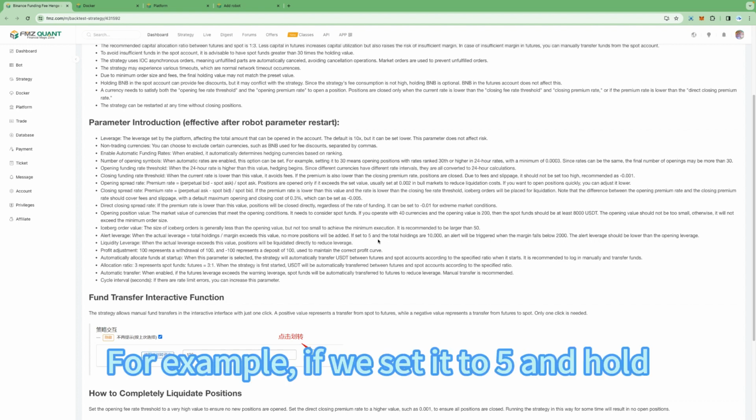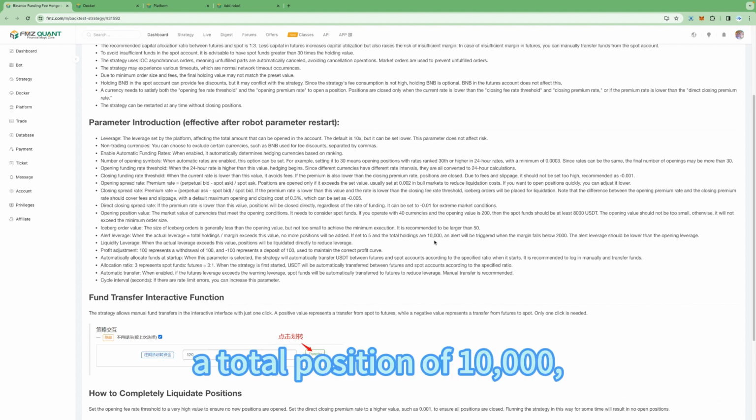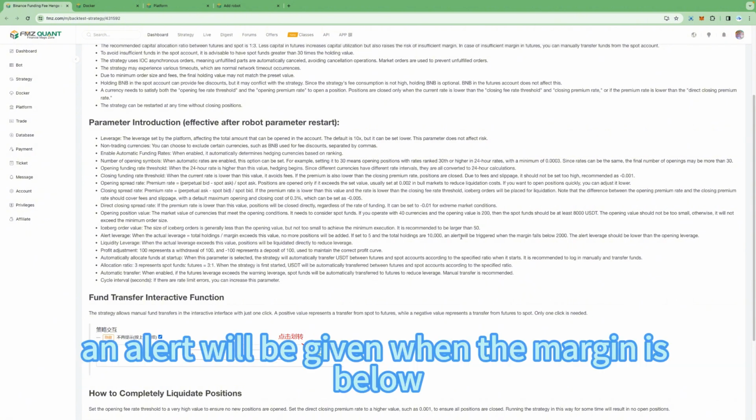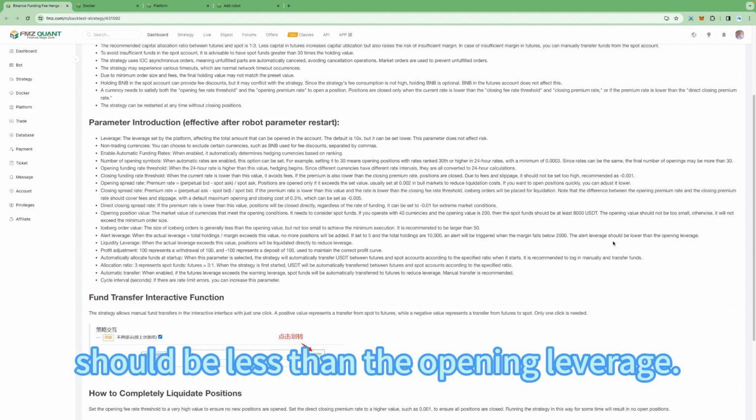For example, if we set it to 5 and hold a total position of 10,000, an alert will be given when the margin is below 2,000, and the alert leverage should be less than the opening leverage.